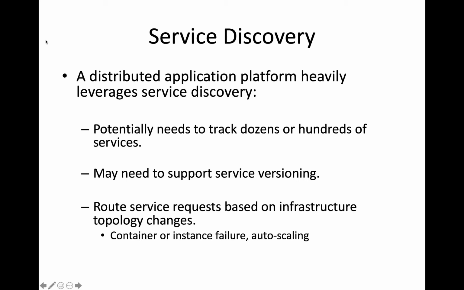How does an application know where version 1 of the service is versus version 2? And the application needs to be designed in a resilient architecture so that if the topology of the underlying infrastructure were to change, if something were to fail, then application services could route around that failure, and they could use service discovery to do that.